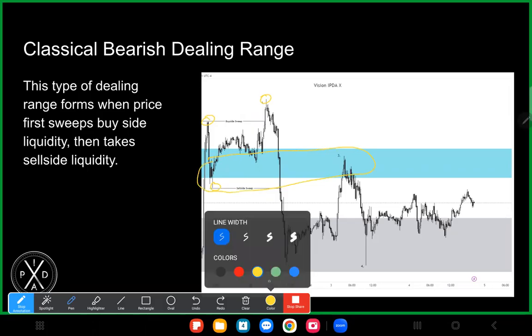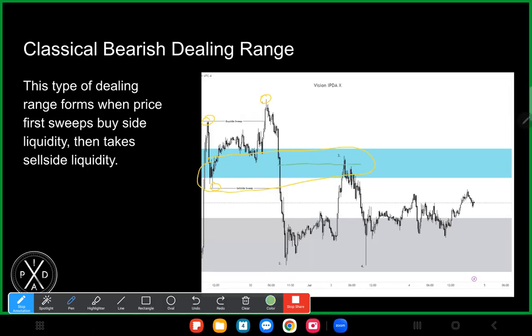And then we see these fair value gaps in price all here. And then we have this order block. And then we have all of these multiple PD arrays, which oppose price from going higher. And then in this case, you can see that it holds up and then price does eventually take out that liquidity below there.